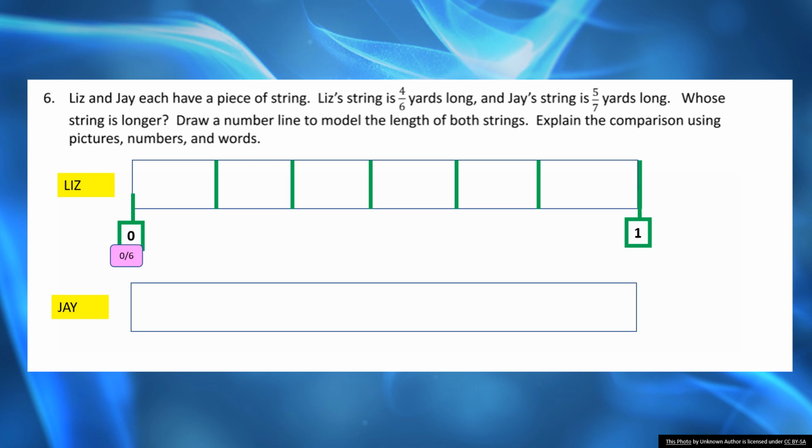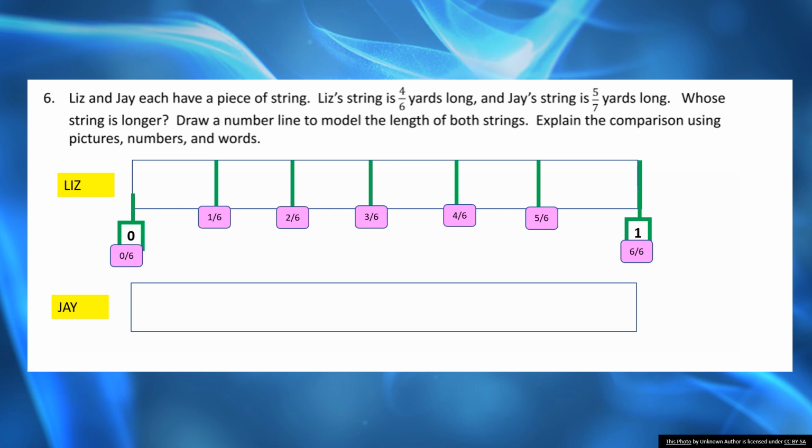So after 0/6, it's 1/6, then 2/6, then 3/6, then 4/6, then 5/6, and finally 6/6 would be directly below the number 1 because 6/6 is the same thing as 1 whole.